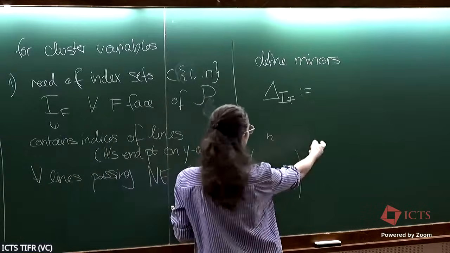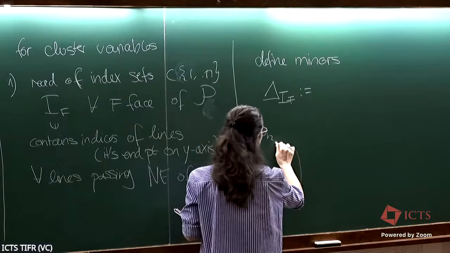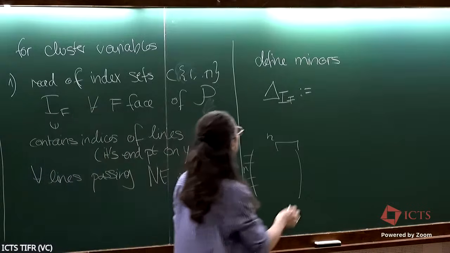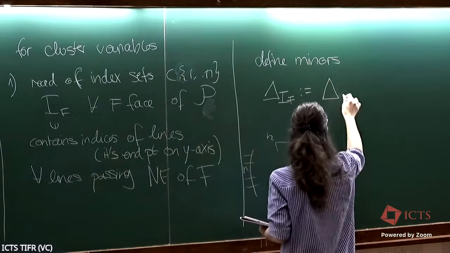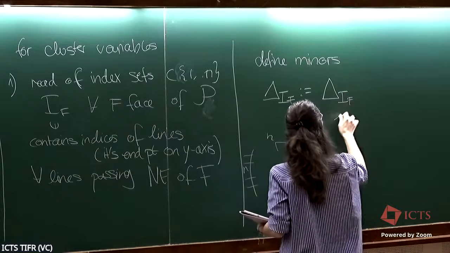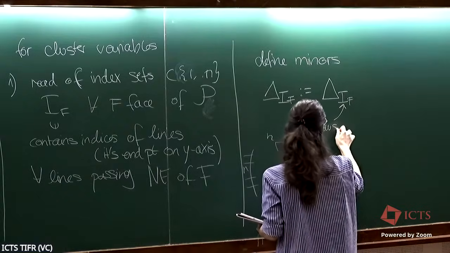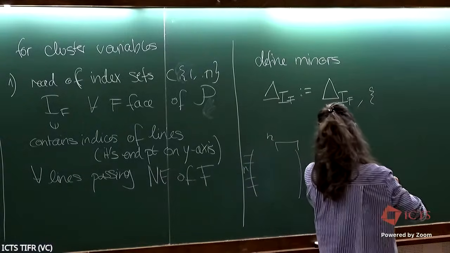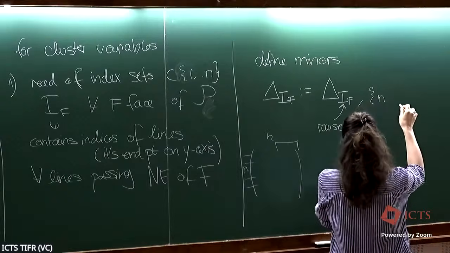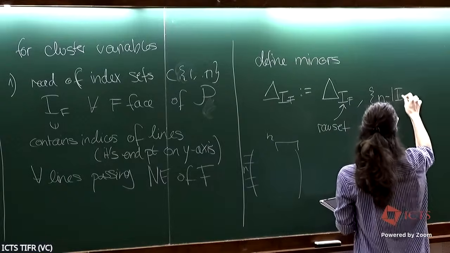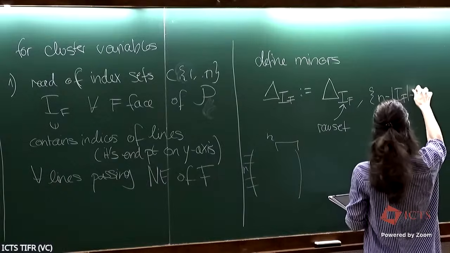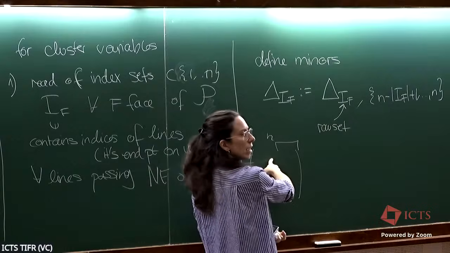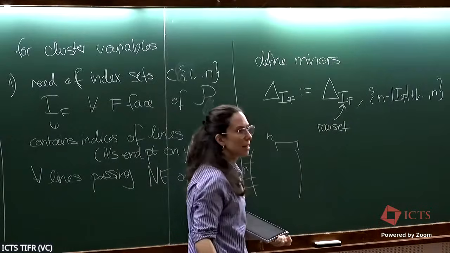And for the column set, I will select the last as many columns as I need. So this will be the minor with row set IF, and the column set is, so I have to take n minus the cardinality of IF plus 1 until n. Right, so these are the last as many columns as cardinality IF.